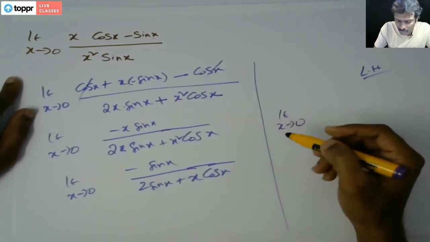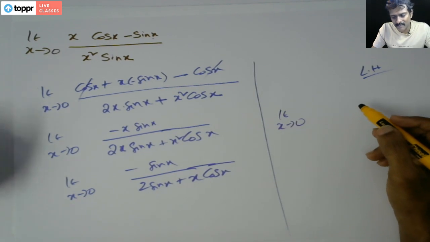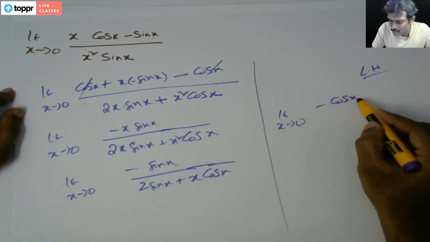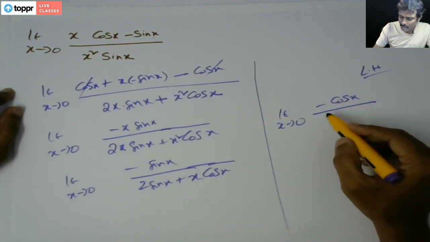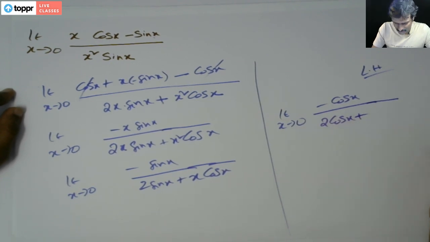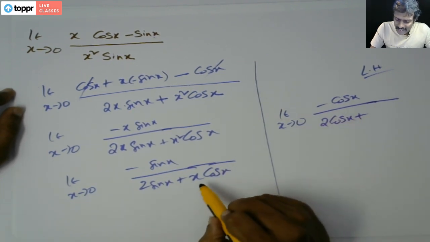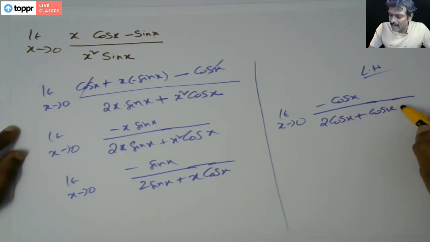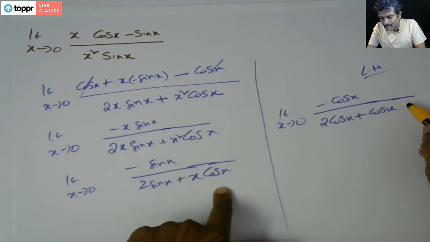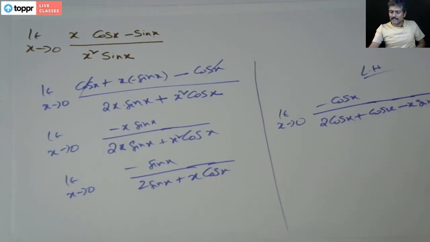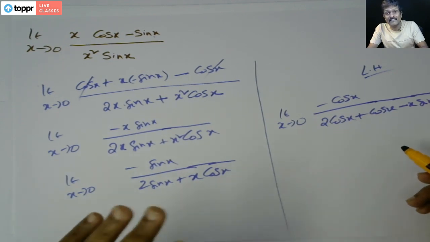So let me try and do that again. Limit x tends to 0. I'm differentiating this: the differentiation of sin x is cos x, but there's a minus sign, so minus cos x, by, differentiating the denominator, 2 cos x plus, the differentiation of x is 1, so cos x, and the differentiation of cos x is minus sin x, so minus x sin x. This is after differentiating for the second time.